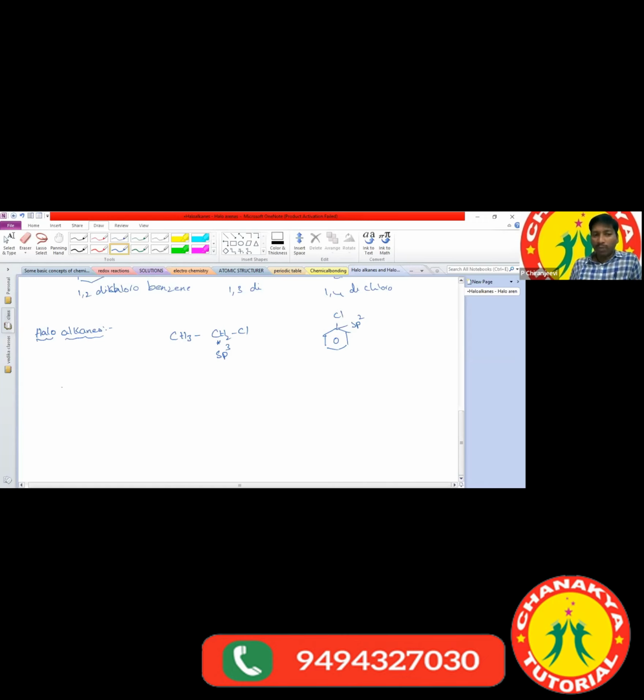Some compounds are different, for example CH2=CH-Cl. Here, chlorine is attached to which hybridized carbon, sp2 or sp3? sp2. This we call vinyl chloride. And then benzyl chloride: in benzyl chloride, chlorine is attached to which carbon atom? What is the hybridization of the carbon attached to the chlorine?